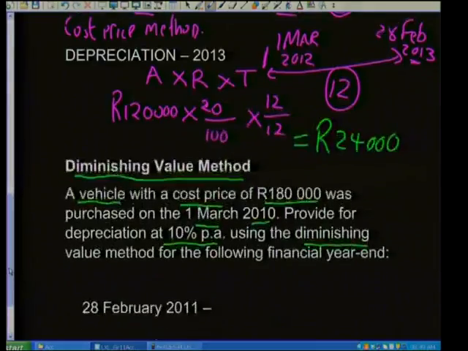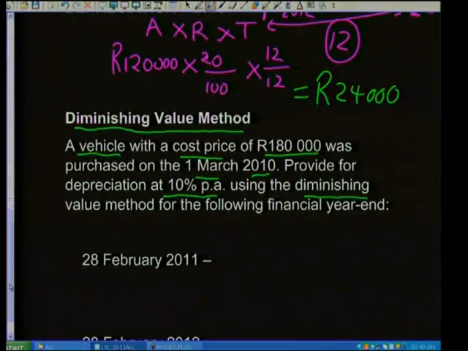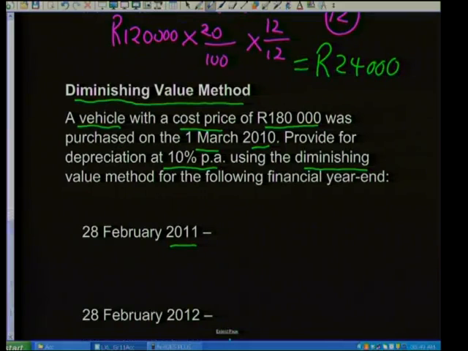Okay, so they want us to calculate depreciation for the 28th of Feb 2011, so the year end 2011, and then they also want us to calculate depreciation for the 28th of Feb 2012.